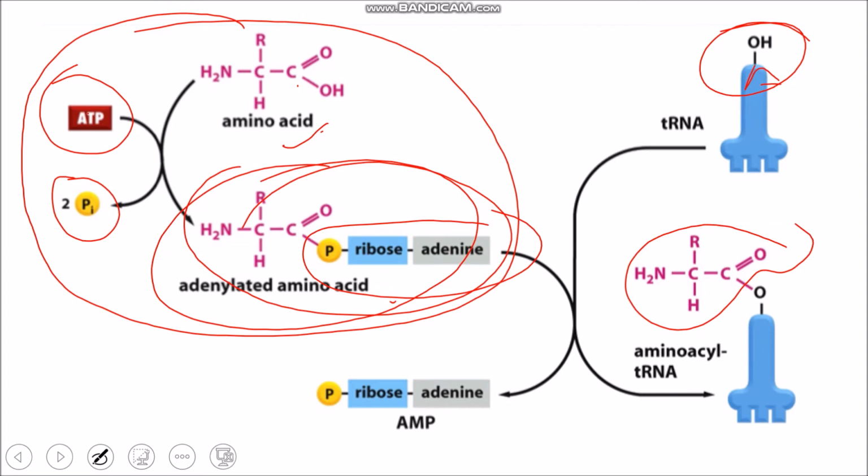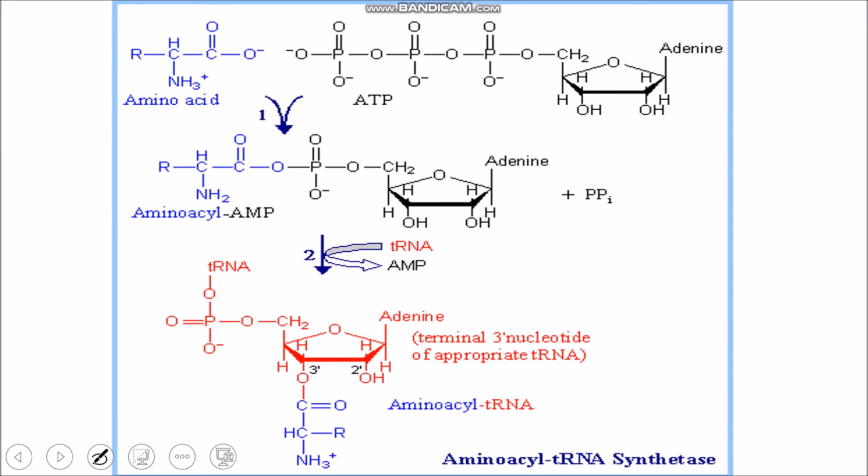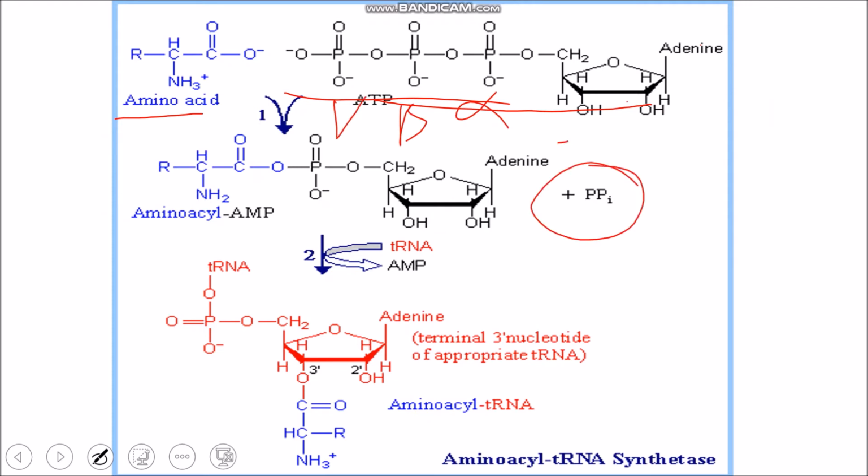Chemically, there are two reactions, as I have told you. The first reaction is where the amino acid reacts with ATP, which is adenine sugar triphosphate. This is alpha, this is beta, this is gamma, so beta and gamma go off in the form of pyrophosphate. This AMP reacts with the amino acid and gives you aminoacyl AMP.